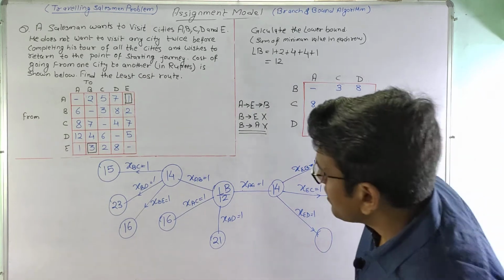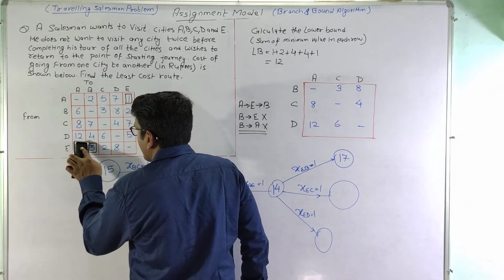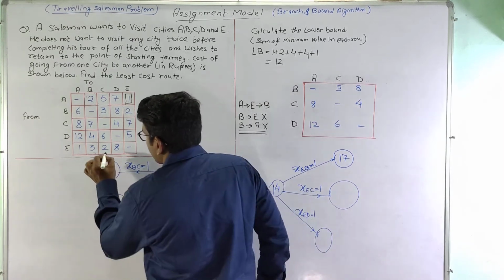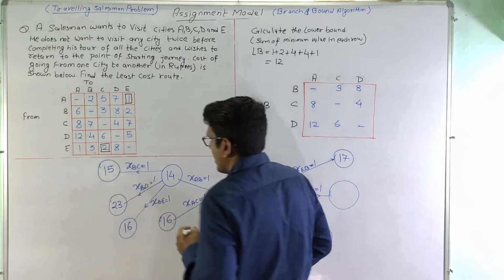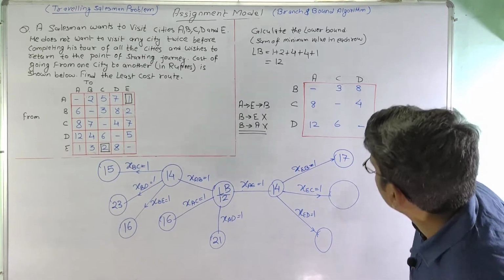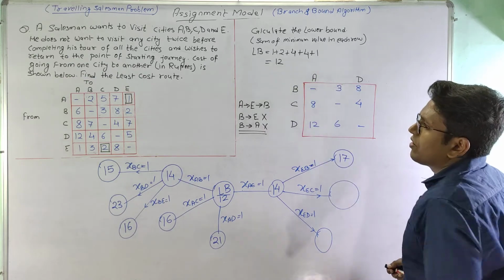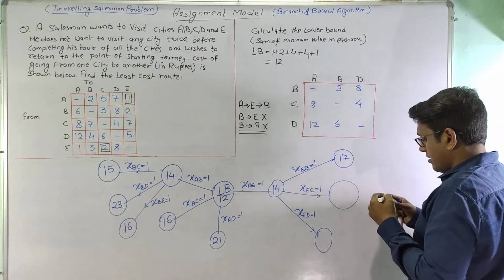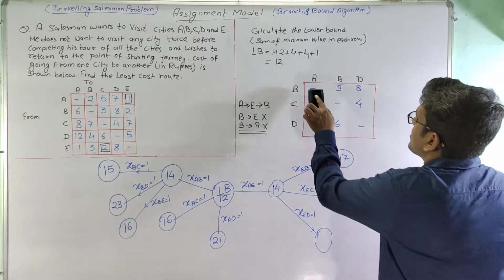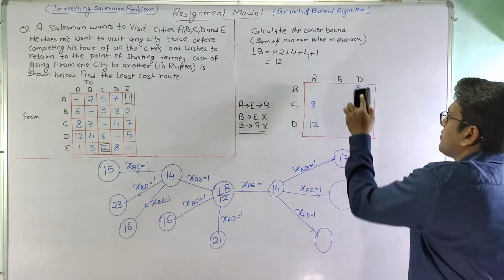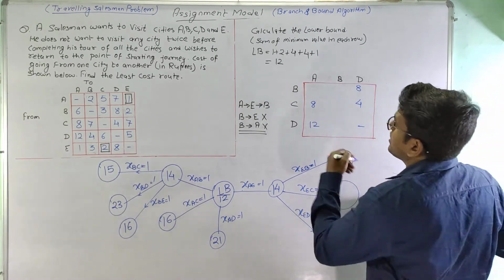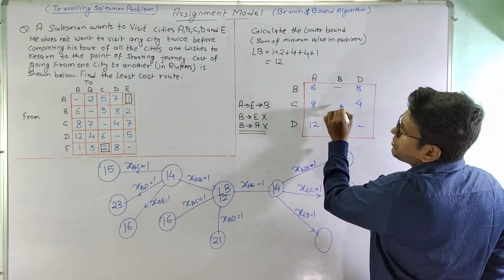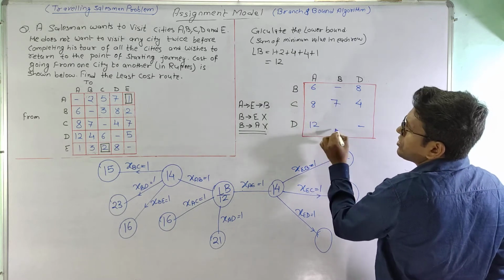Similarly, now we will try to assign cell EC. So if we assign cell EC, our reduced matrix will change to E, A, B and D. So we will again see the values: for B to A it is 6, for B to B it is dash, from C to B it is 7, from D to B it is 4.